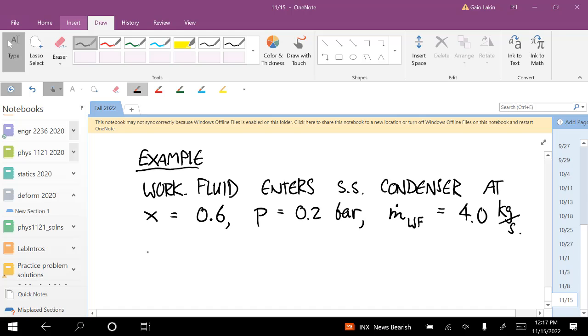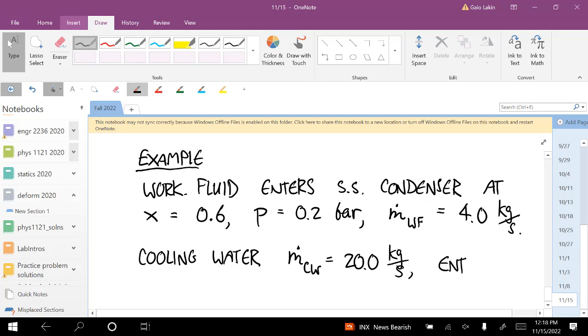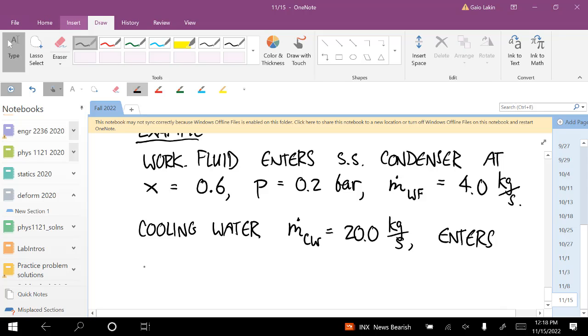And now let's say the cooling water has a mass flow rate of 20 kilograms per second. It enters the condenser at 10 degrees Celsius.